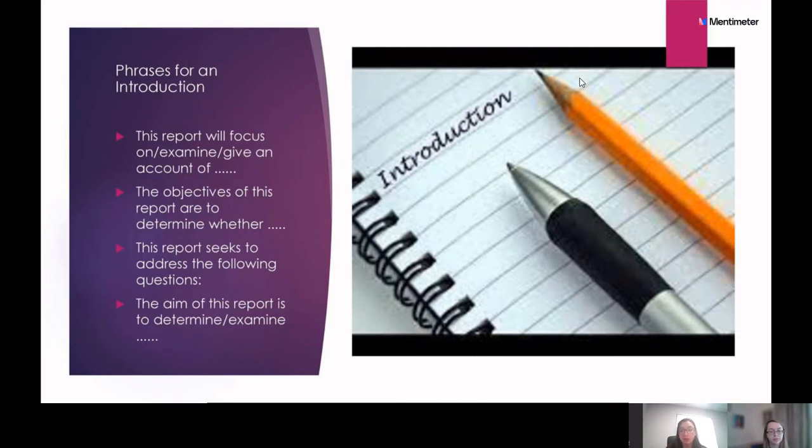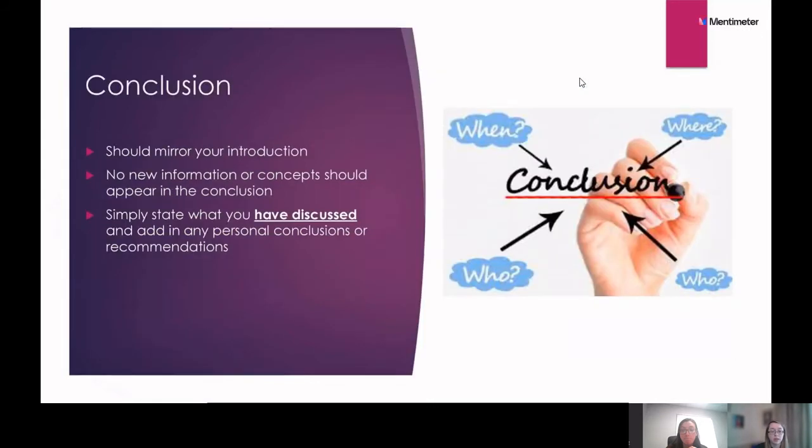You would rarely use the word I. You can say this report shows, it demonstrates, it has evidence to back it. So unless it asks for your personal opinion, you would try and avoid it. That's the academic writing at third level. Yeah, definitely, that's a good point.